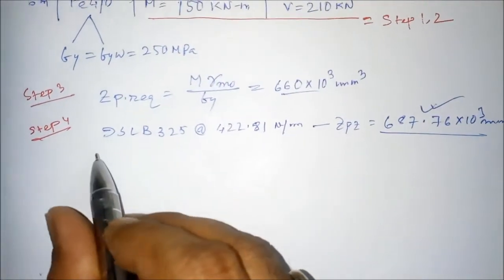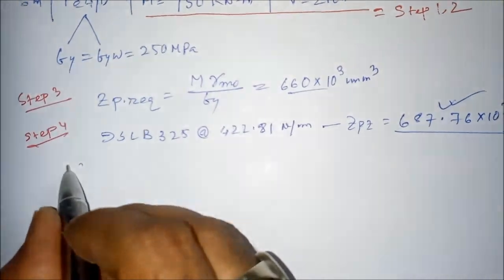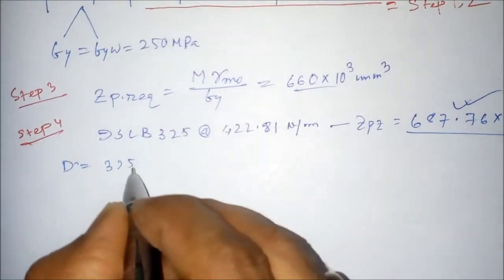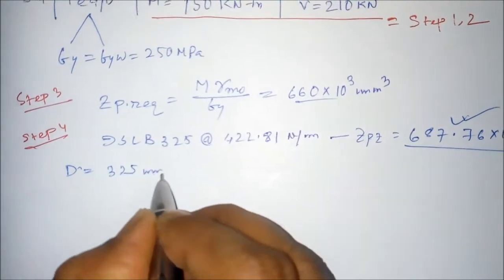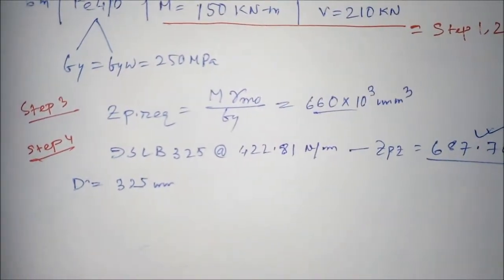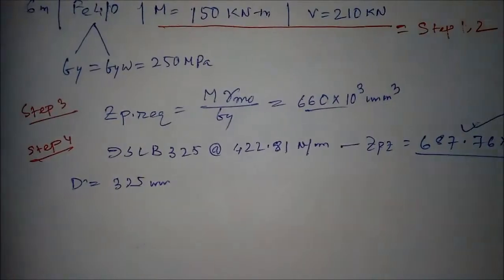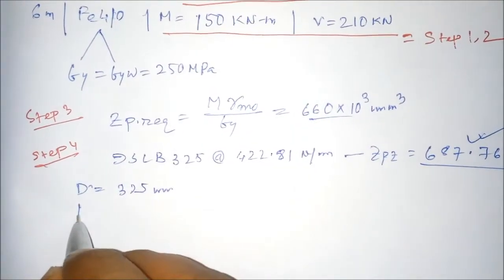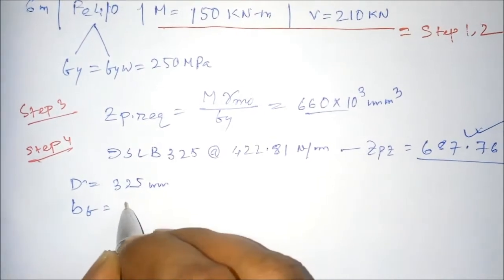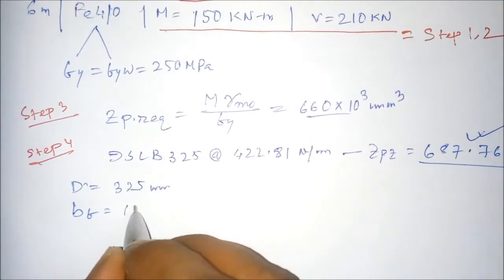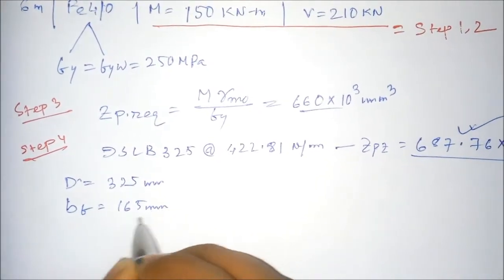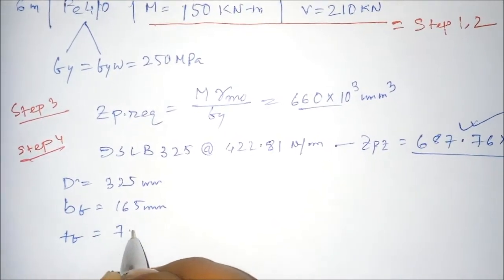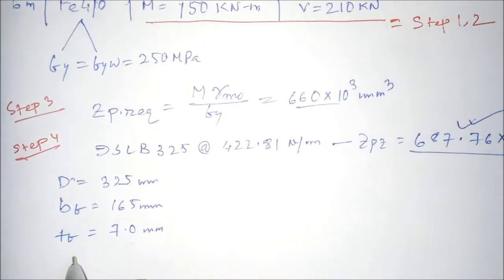Let us write down the geometrical properties. That is depth, total depth is 325 mm, right? And what are the other things? The breadth of flange is 165 mm. Thickness of flange is equals to 7 millimeter.